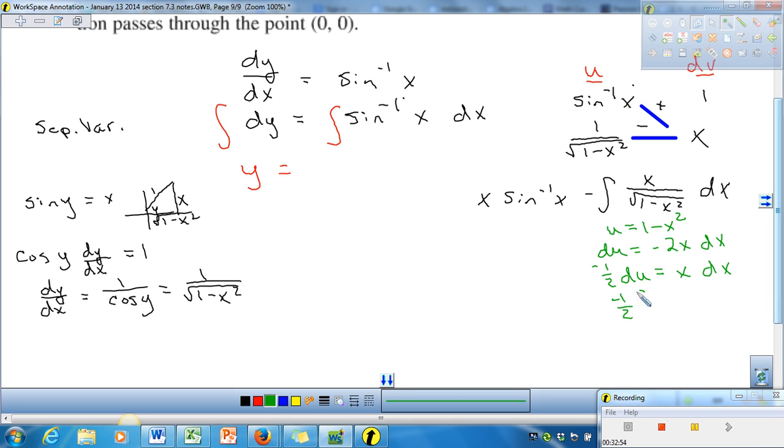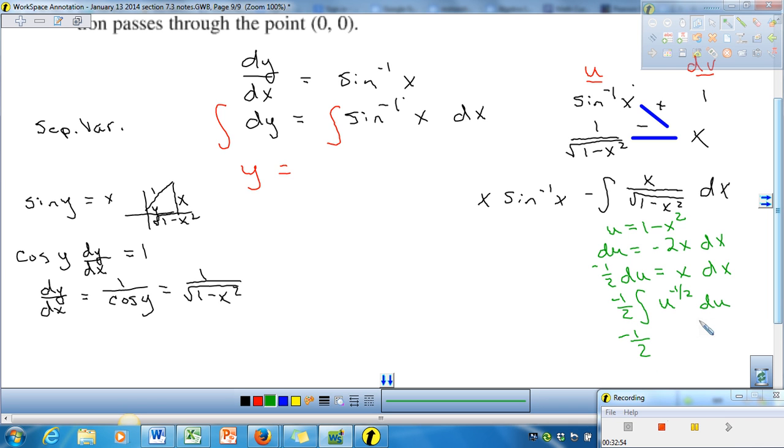So I have a negative 1/2 out in front of the integral of what? Our u is under the root in the denominator. That is u to the negative 1/2. du. Negative 1/2 du replaces x dx, and u to the negative 1/2 replaces 1 over the root 1 minus x squared. So that negative 1/2 sits out in front.